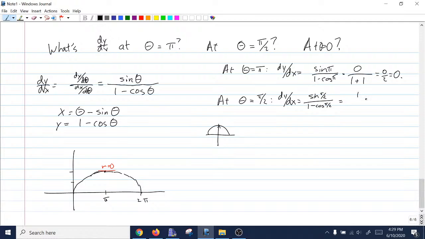It's 1, over 1 minus what's cosine pi over 2? It's 0. So this is 1. At pi over 2, which is a point we worked out the coordinates of a second ago, where we're up halfway, we have a slope of 1. Our m equals 1. That seems reasonable. It's increasing. Cool. What's happening at theta equals 0?